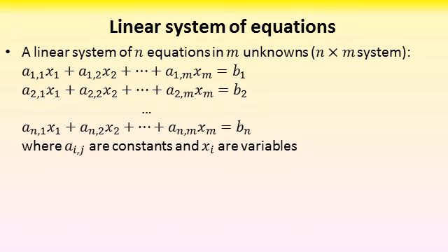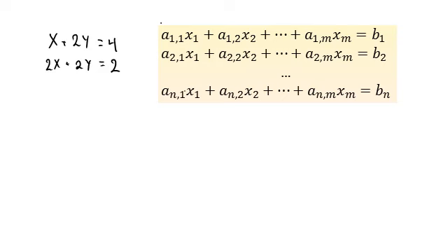If we compare the example we started with to this general notation, we see that in our example m is equal to 2, two variables, and n is equal to 2, two equations. The x variable in our example corresponds to x1 in the general notation, and the y variable corresponds to x2.